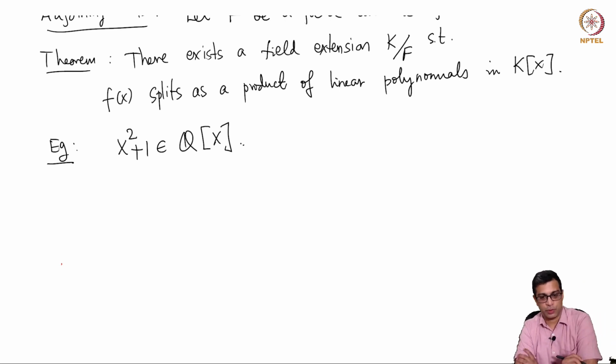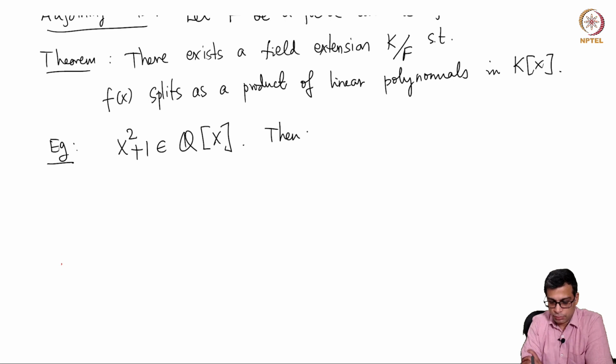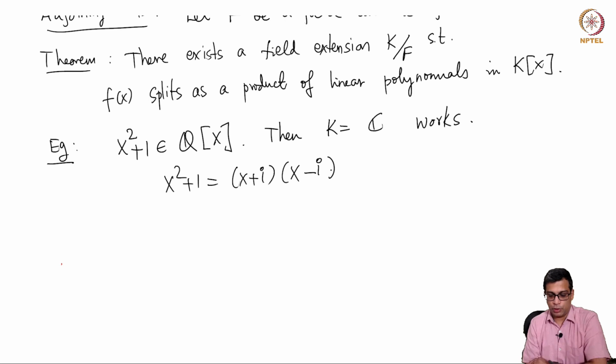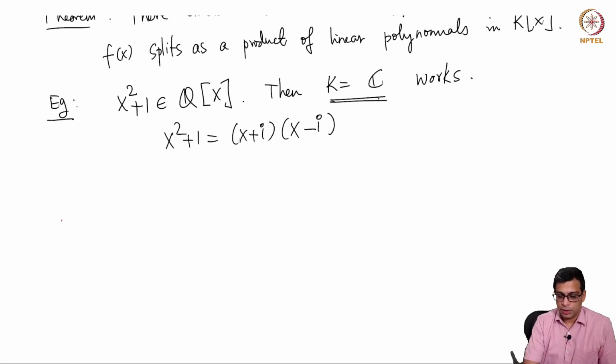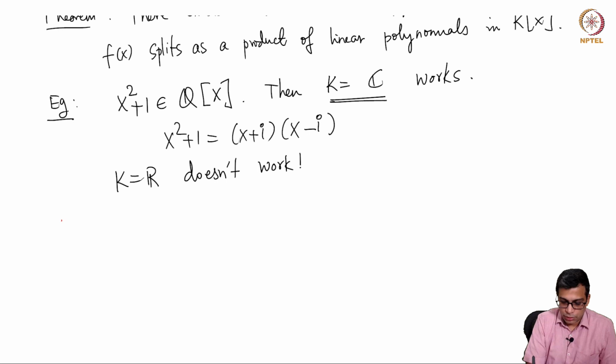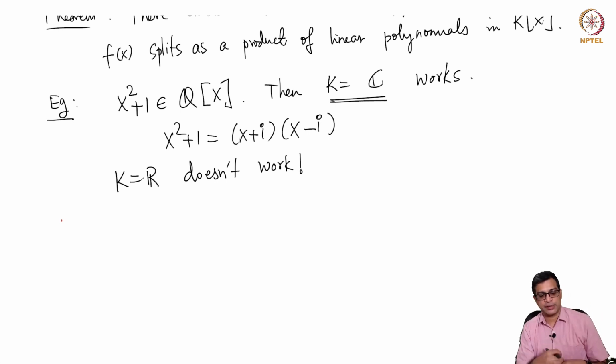Let's take x squared plus 1 as a polynomial over Q. Then you can take K to be C, right? Because x squared plus 1 does split as a product of two linear polynomials. Okay, K equal to C works, but K equal to R does not work, because x squared plus 1 remains irreducible in R[x], so it doesn't work.